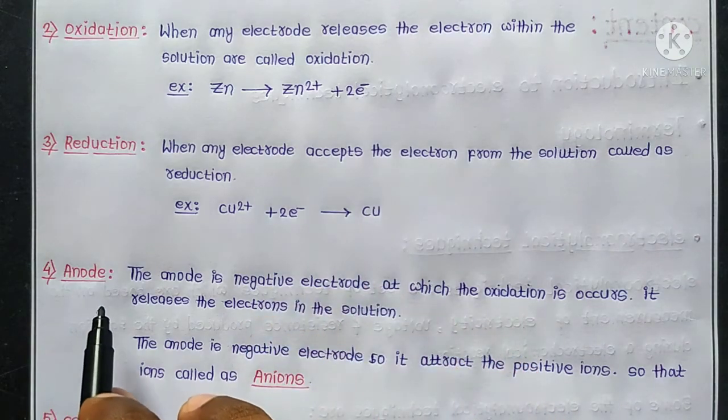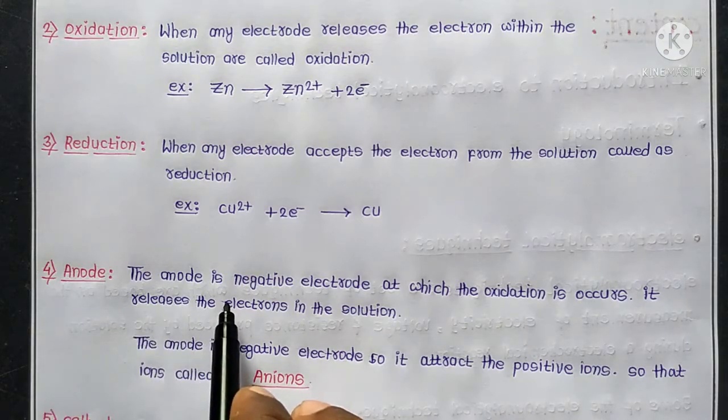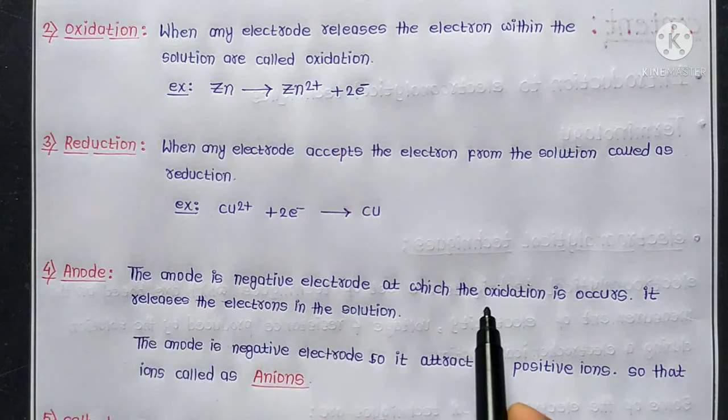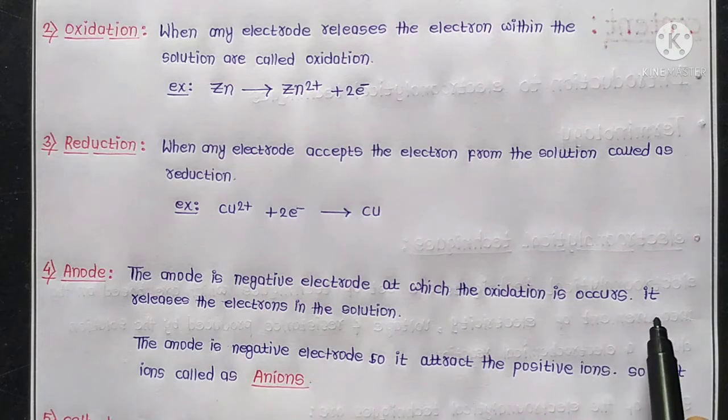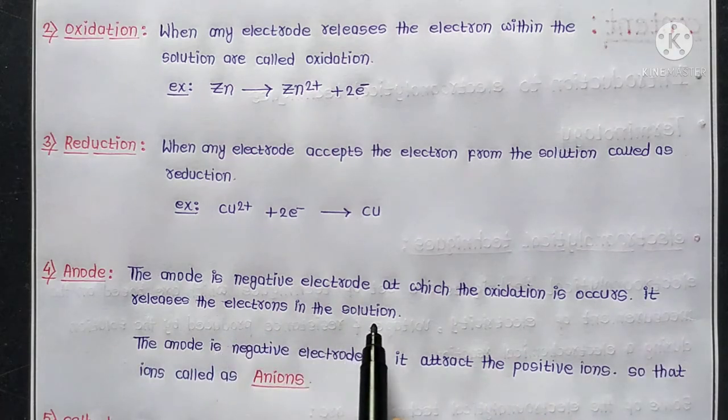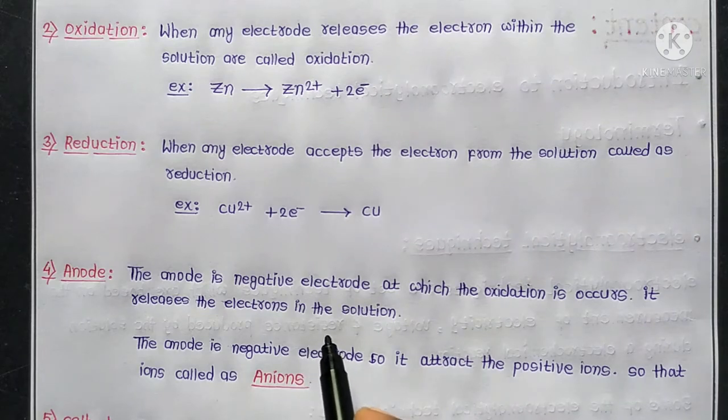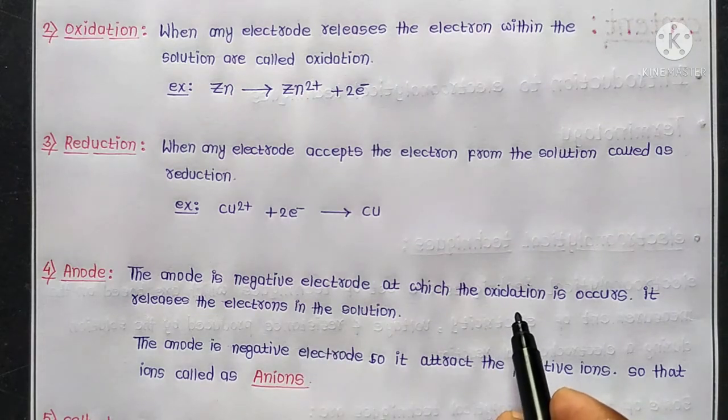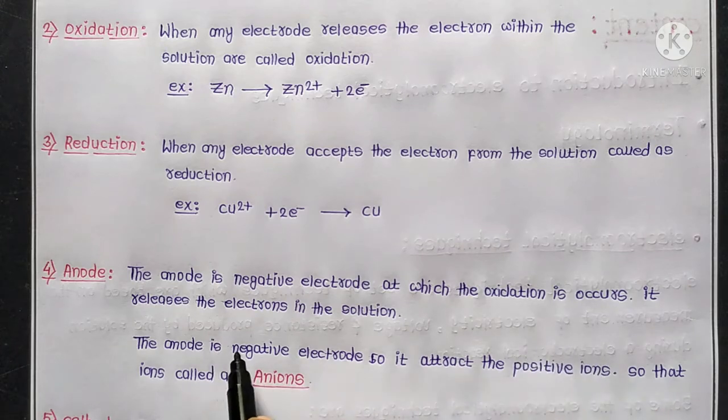Next one is the anode. Basically the anode is a negative electrode at which oxidation occurs, that means the release of electrons takes place, and it releases the electrons inside the solution.